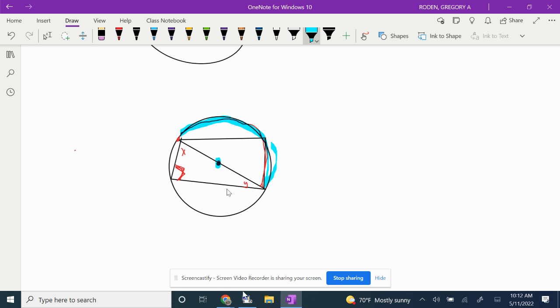You guys seeing this? Once you know this is a right angle, you don't know what x and y equal, right? X and y could be multiple different angles. But what are they going to have to add up to? 90. And why do they have to add up to 90, class? Because the triangle's 180, and you already got 90 of them in that angle right there. So this plus this has to equal 90.